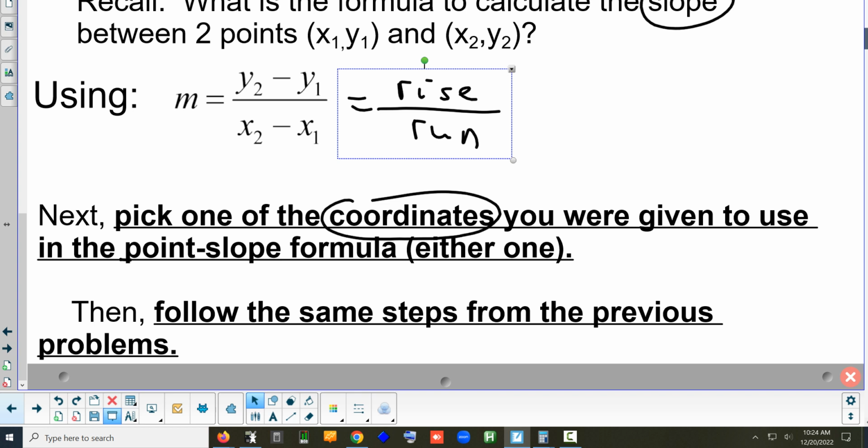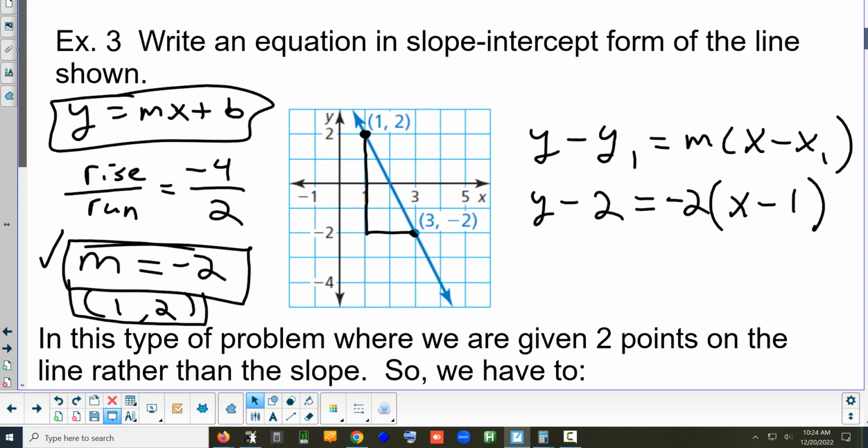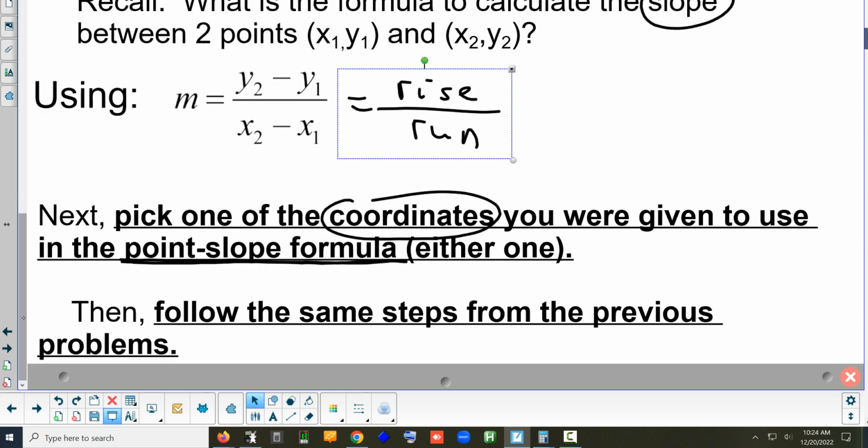So we're right here in our problem. We are up to the point where we have an equation, and it's in point slope. But the direction said slope intercept. So we've got to take our point slope, and now we have to change it to slope intercept.